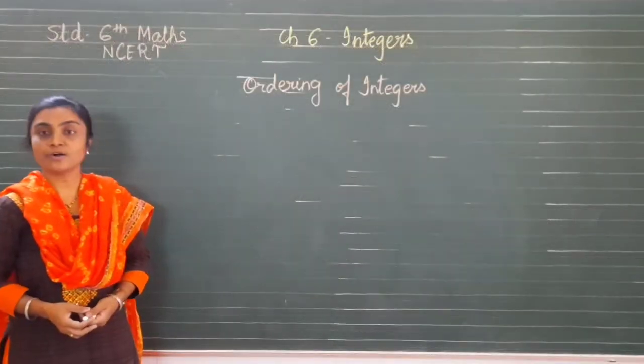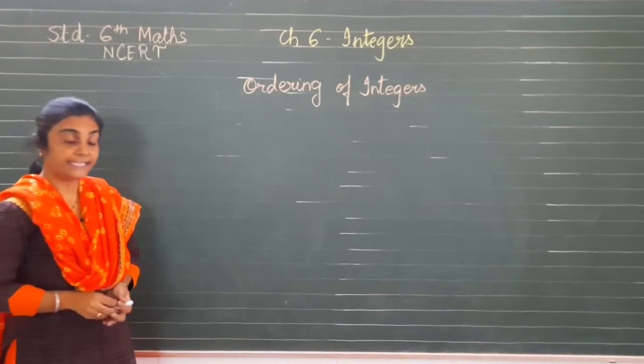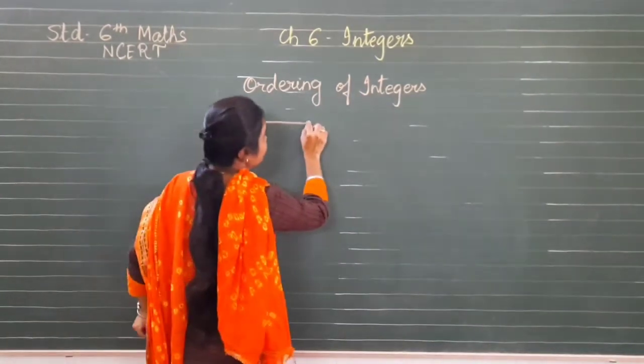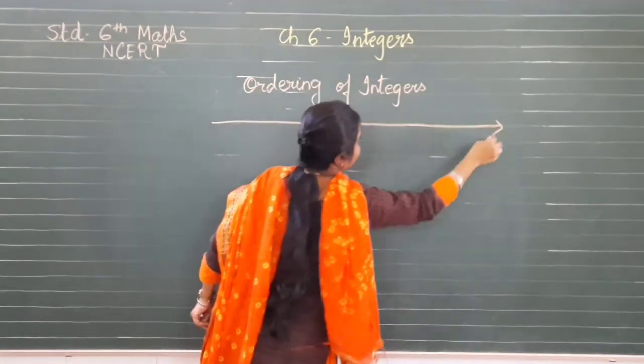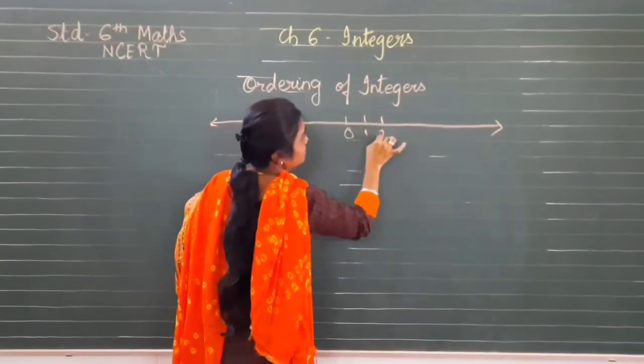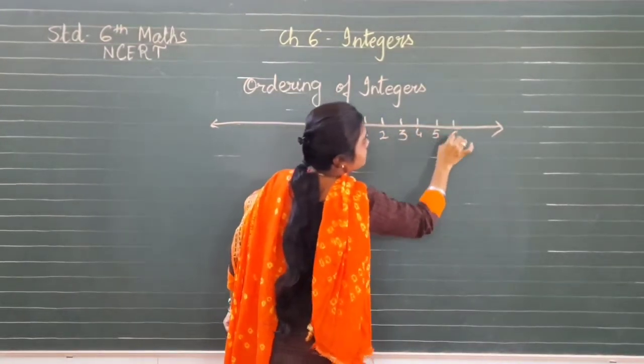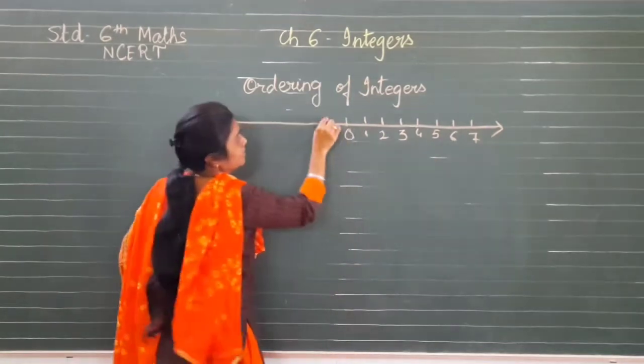Now let us see ordering of the integers on the number line. How to order the integers? Let us draw a number line. 0, 1, 2, 3, 4, 5, 6, 7.